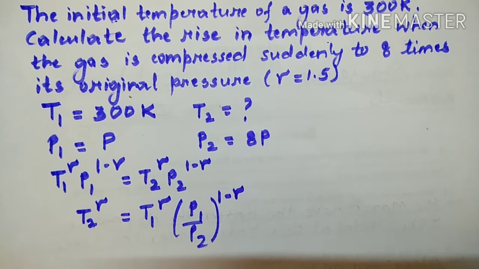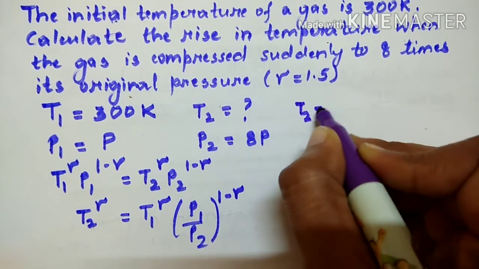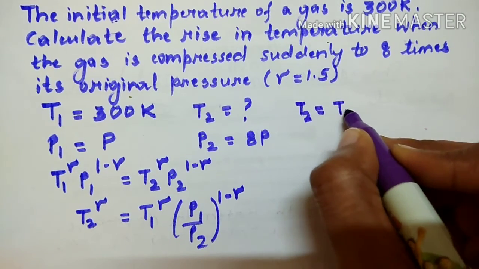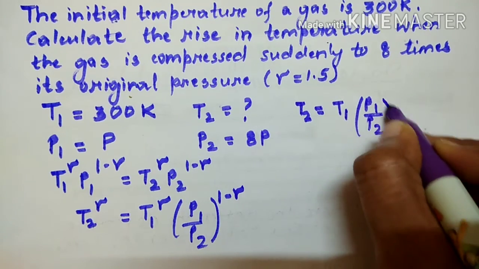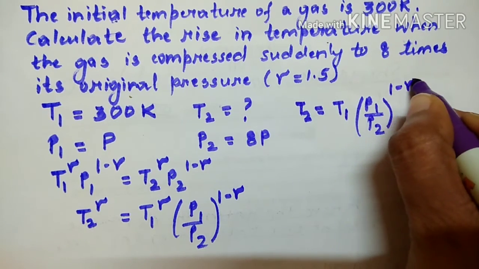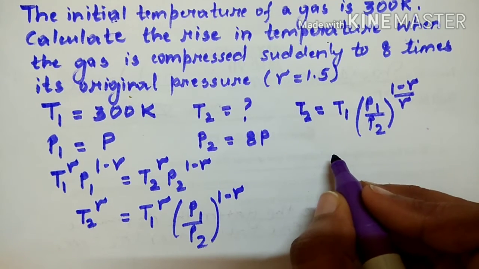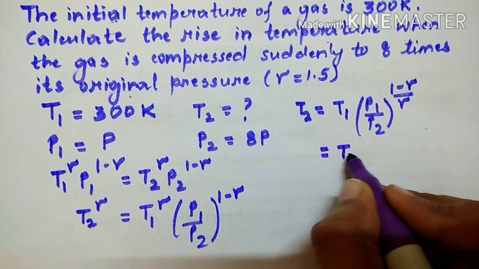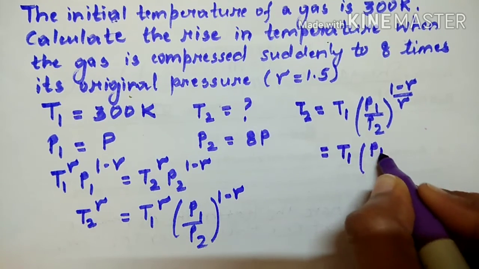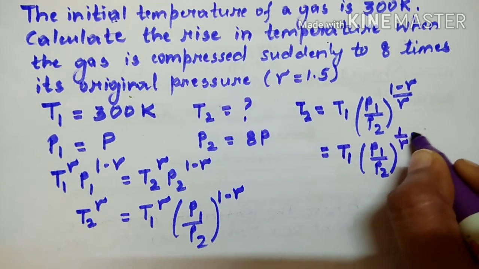Dividing all the powers throughout by gamma, you will get T2 is equal to T1 into P1 upon P2, the whole raised to 1 minus gamma upon gamma. This can again be written as T1 into P1 upon P2 raised to 1 upon gamma minus 1.